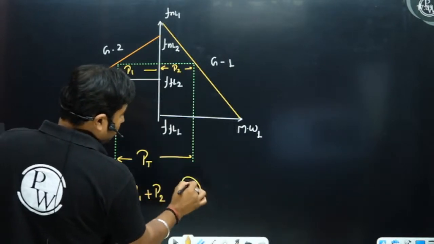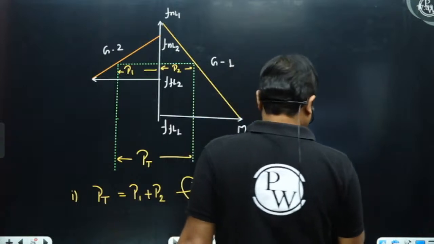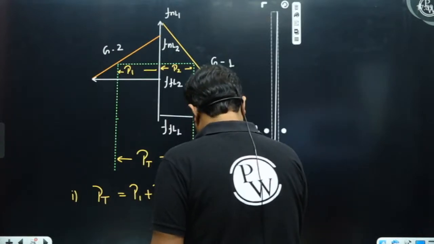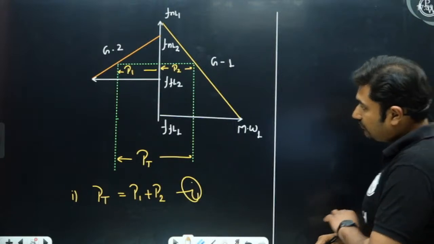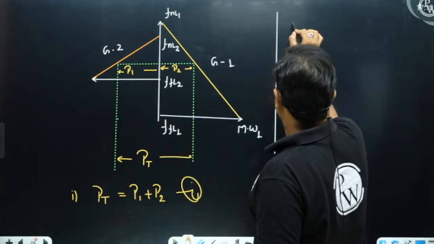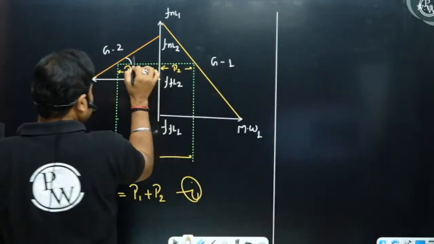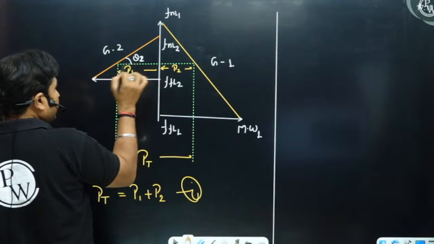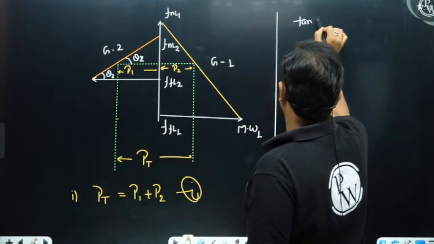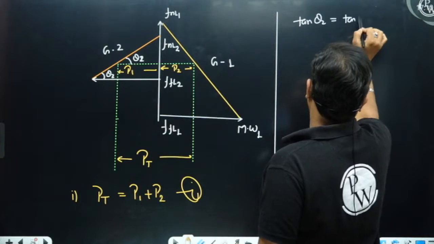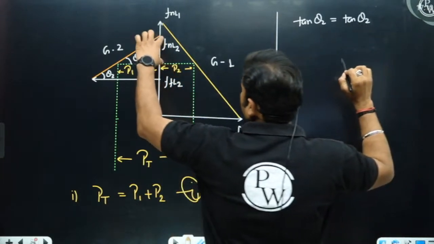Another thing we can calculate, please observe. We have a relation: this angle theta1 equals theta2, so tan theta1 equals tan theta2. What is tan theta? Sir, perpendicular upon base.